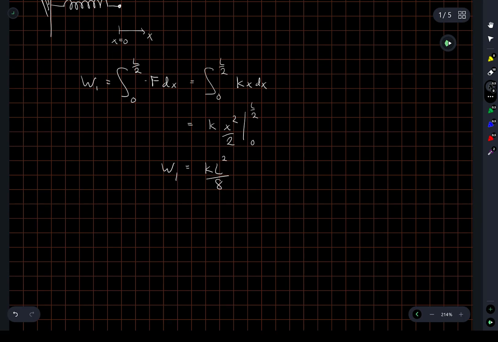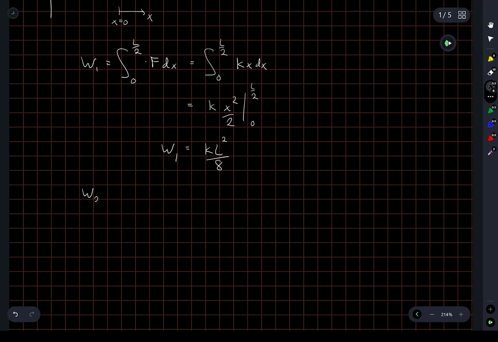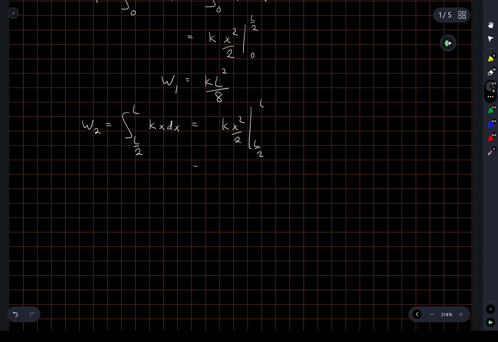So that's W1. And W2 is going to be the same integral, but I'm starting at L over 2 and integrating out to L. Again, it's going to be the same quantity kx dx, which is just going to be kx squared over 2, evaluated at the two endpoints, L over 2 and L. So now I have k L squared over 2 minus k L squared over 8, which is what?